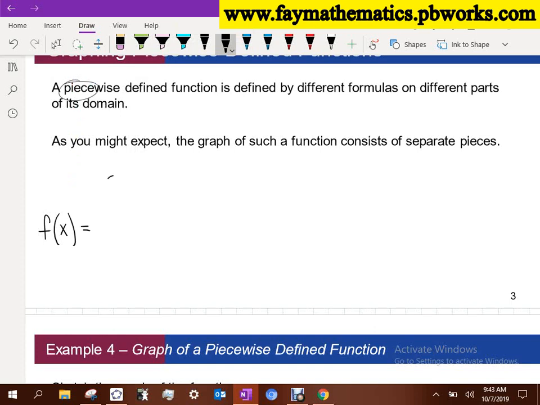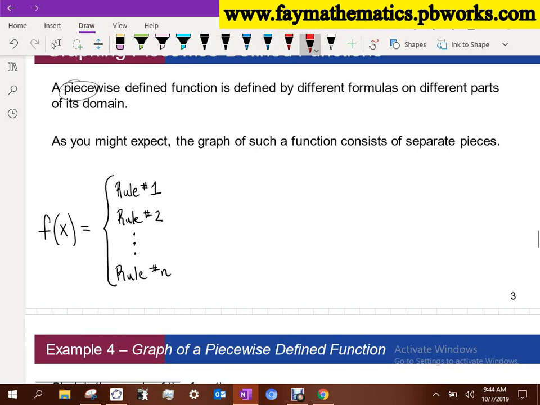equals, now this is the way that they're written. Okay, we use this big curly brace, and then we start listing our rules. We might have a rule number 1. We might have a rule number 2. All the way down to rule, say, number n.